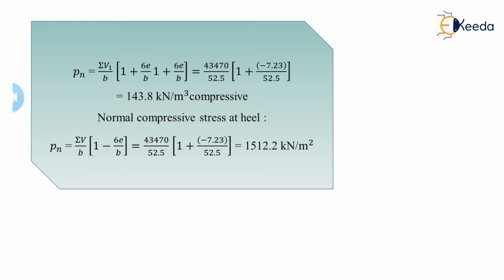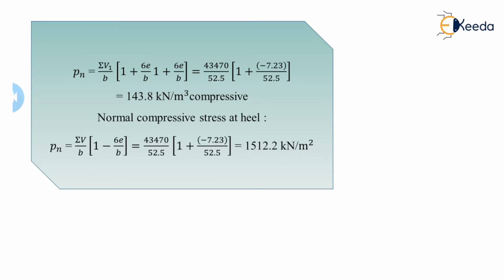So just put that value as it is, minus 7.23 divided by B, which is 52.5. Finally we get the normal compressive stress at the toe as 143.8 kilonewton per meter square, and we know that the maximum permissible compressive limit is 3000 kilonewton per meter square. So it's within the limit, hence it is safe in the compressive zone at the toe section.